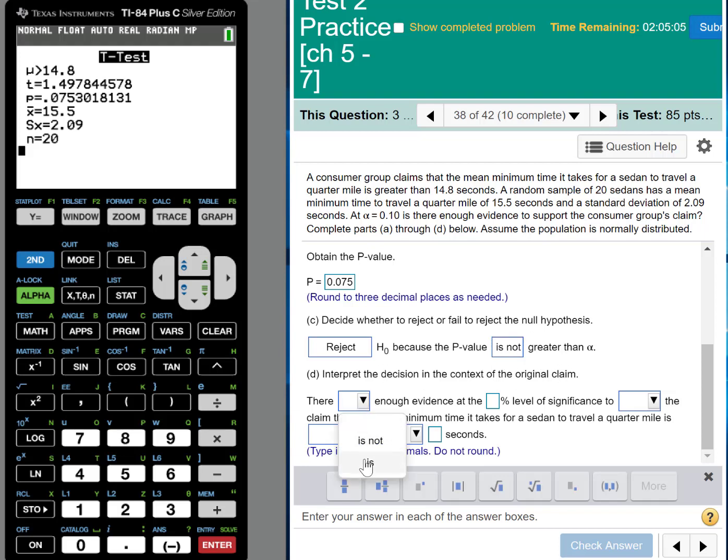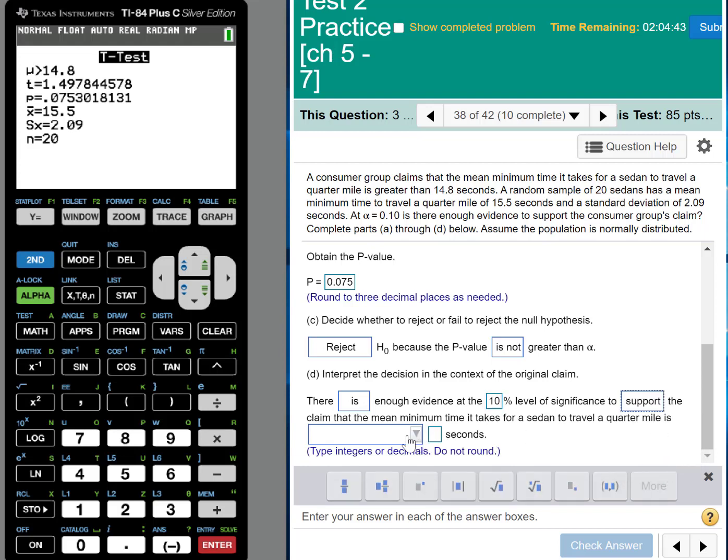Interpret the decision. There is. Anytime you reject H0, we start with there is enough evidence at the 10% level of significance. Now we need to decide whether to support or to reject. Since the claim is in the alternative, just close your eyes and choose to support.